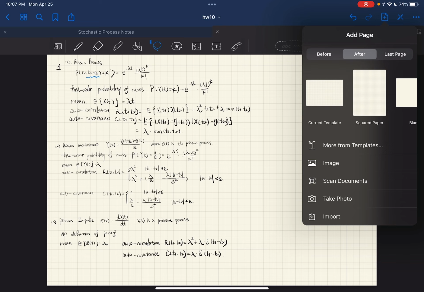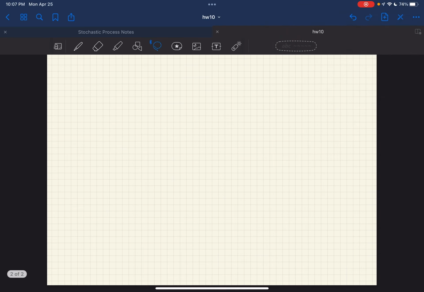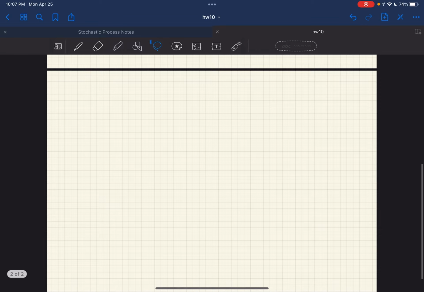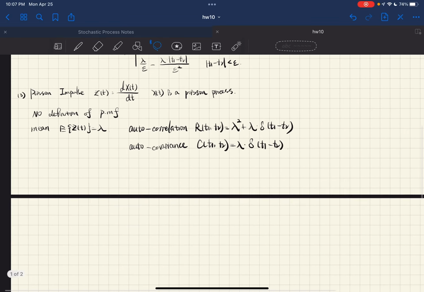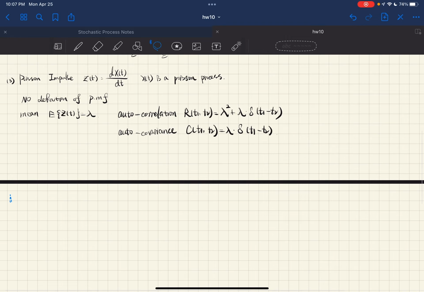And the fourth one is the semi-random telegraph signal X(t). The semi-random telegraph signal is based on the Poisson points. So we have the probability mass function.